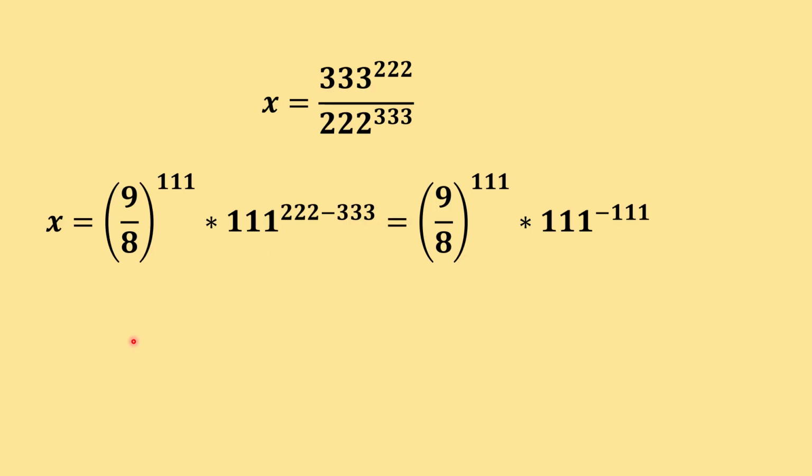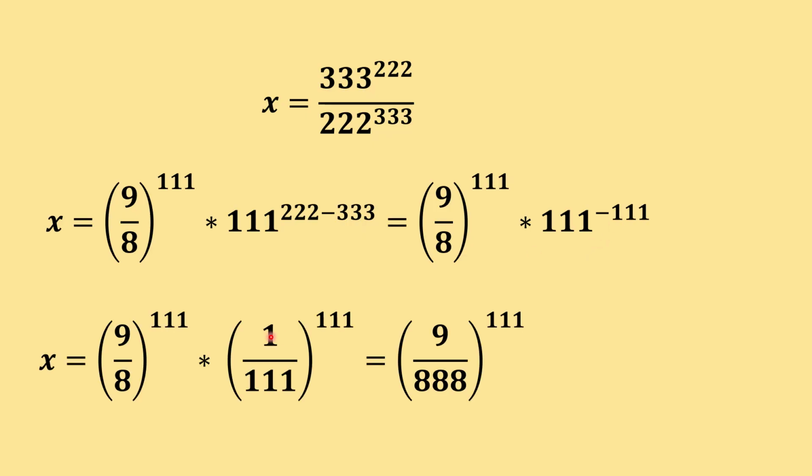The negative exponent becomes a positive exponent by taking the reciprocal, so 111 power minus 111 is (1 by 111) whole power 111.